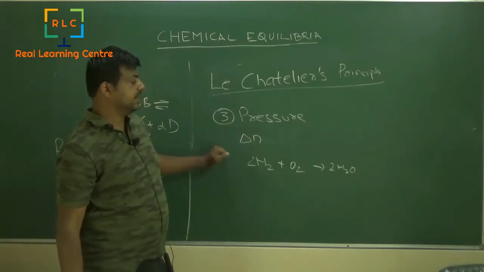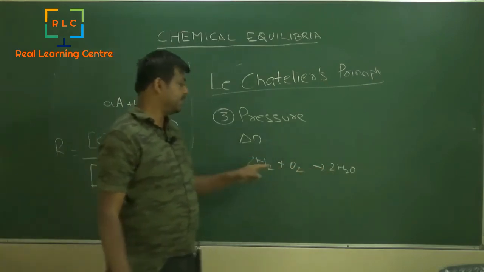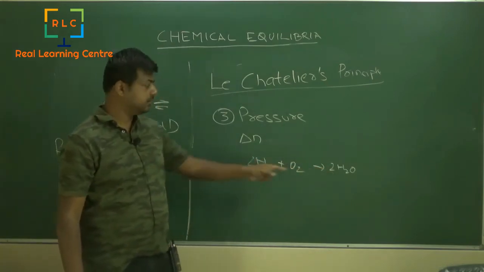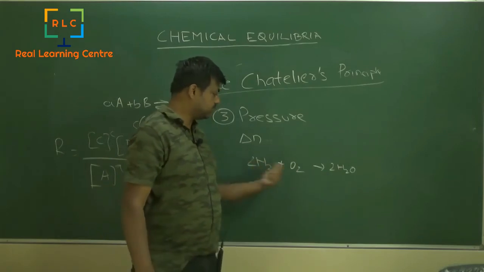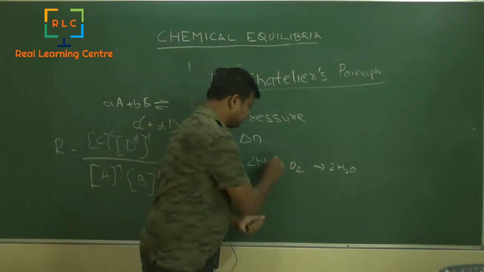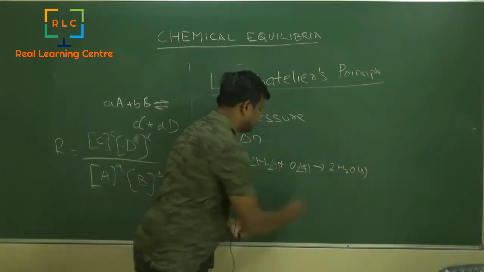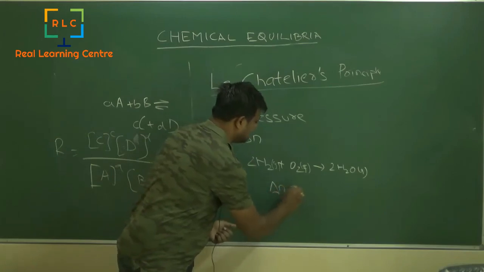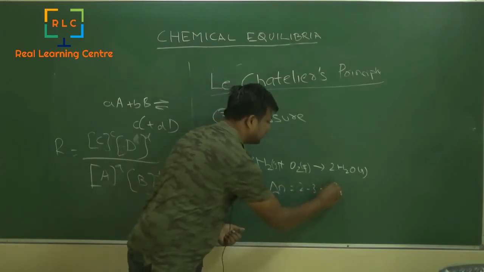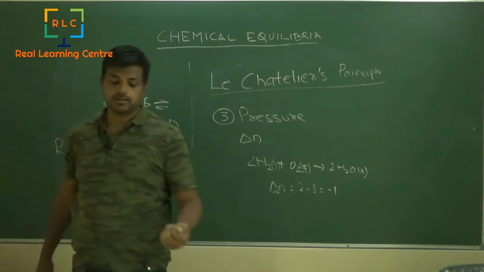So delta N here would be 2 minus 3, right? 2 is the total here, 2 plus 1, all are gas, so it's 3. So delta N would be 2 minus 3, minus 1, right?